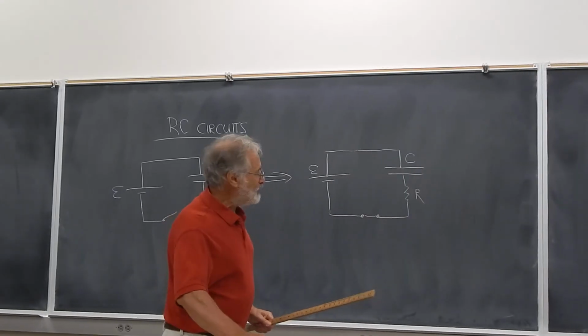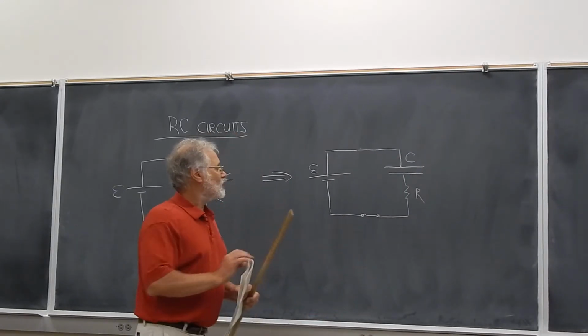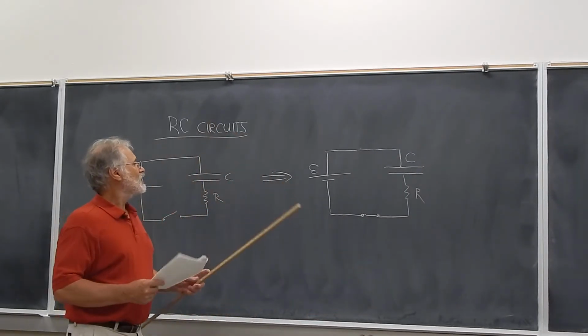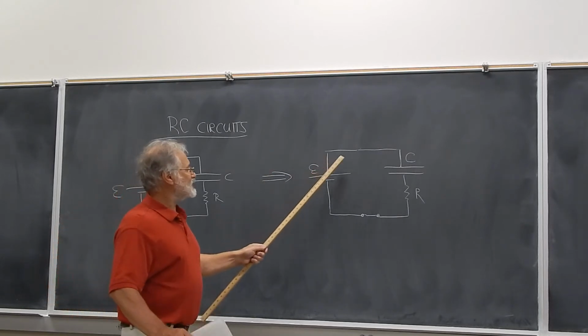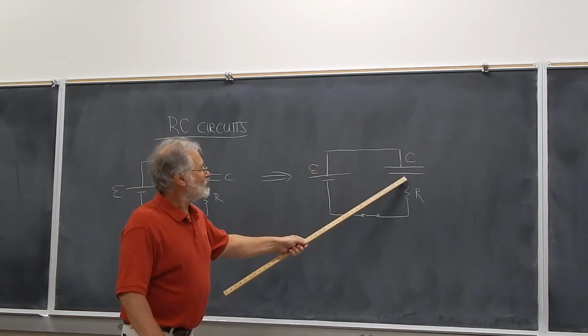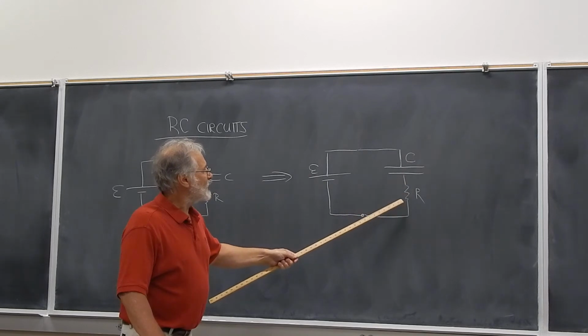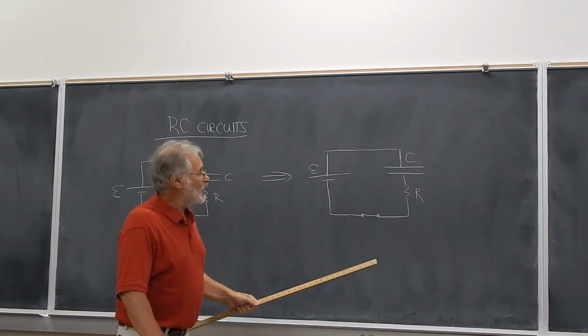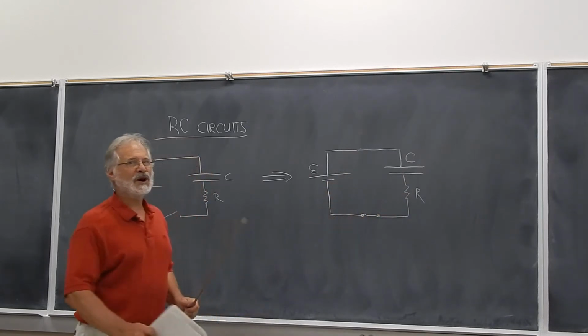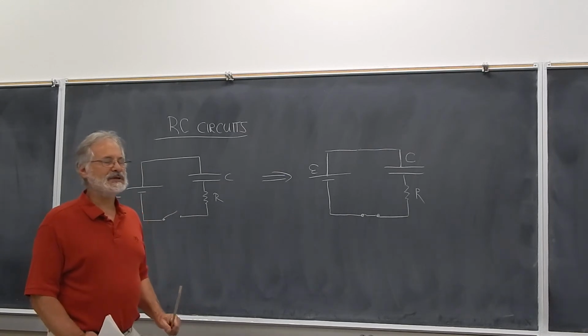But what's going to happen is this, at least qualitatively: almost instantaneously, current will flow through the resistor, and at the start, or almost at the start, we'll talk about that when we talk about magnetic fields.